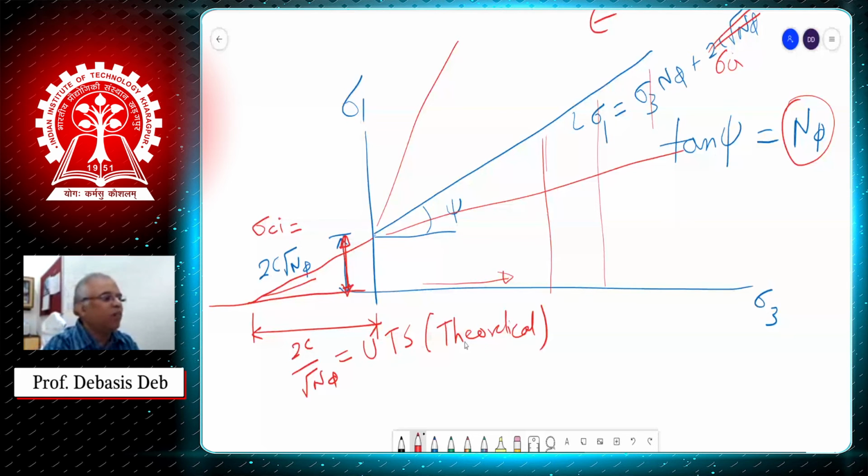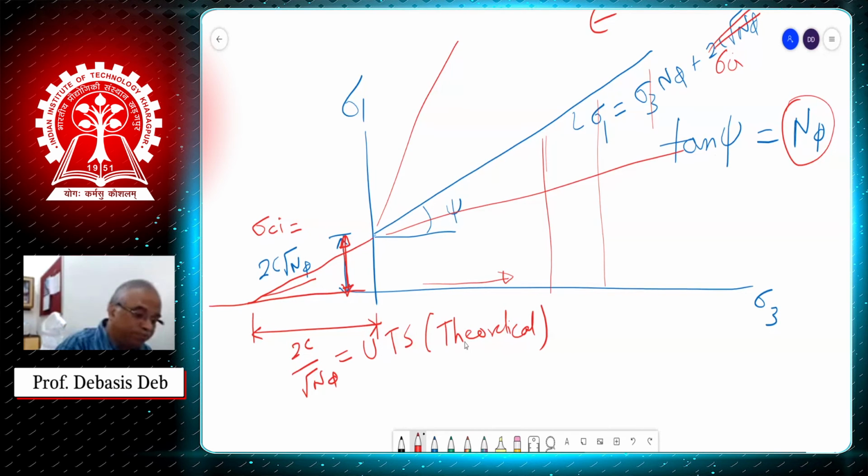Whatever we are plotting here, I will tell you why. So this is theoretical UTS, and one can say this is also theoretical UCS. When you test, you will get a slightly different value, of course, because not each material will behave the same way.